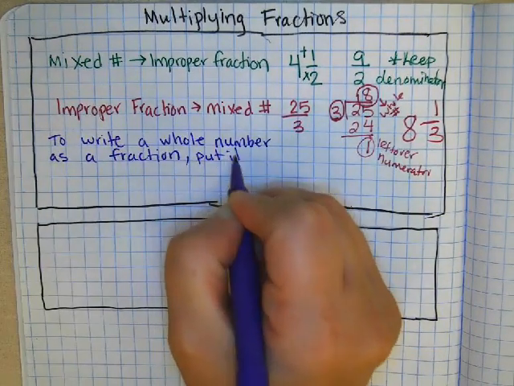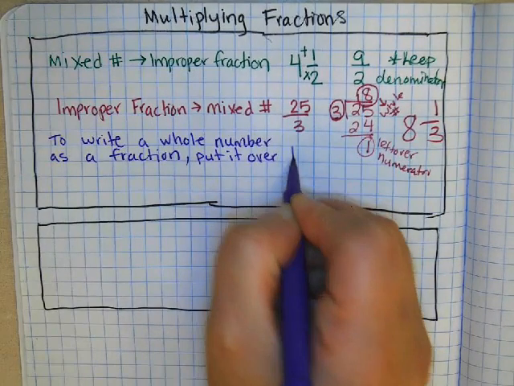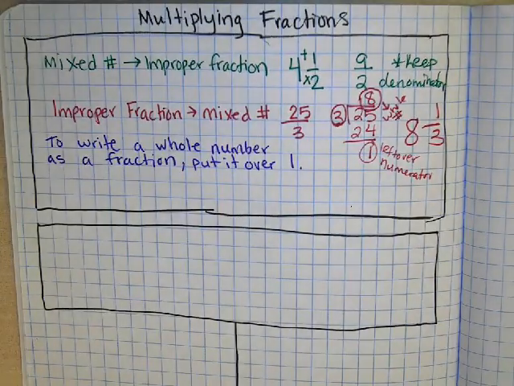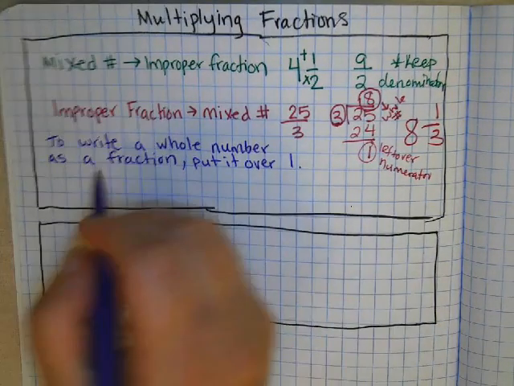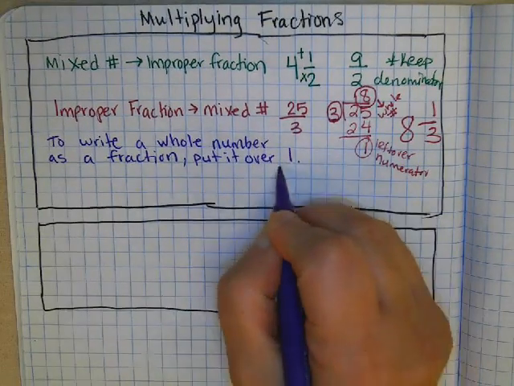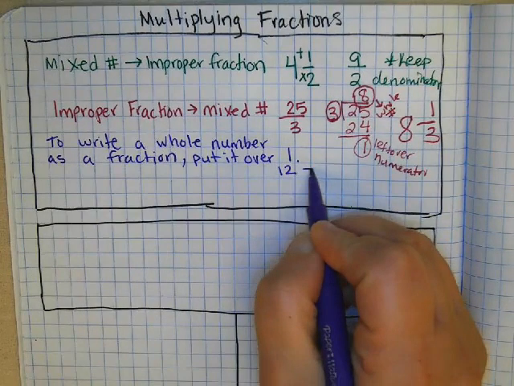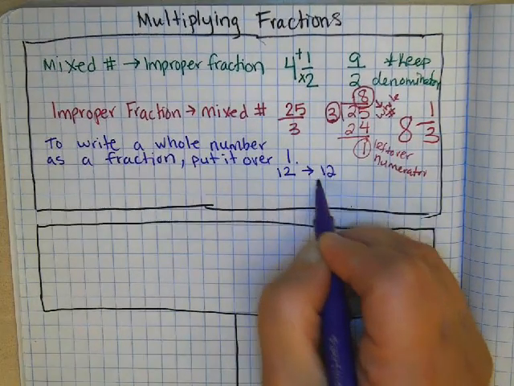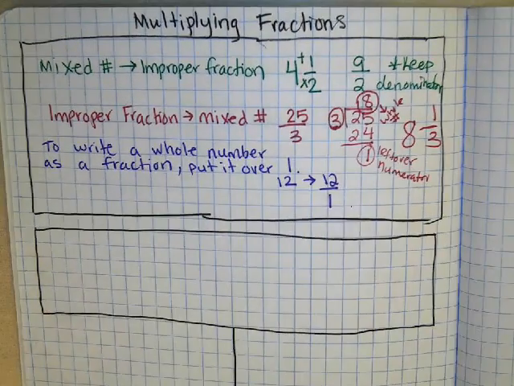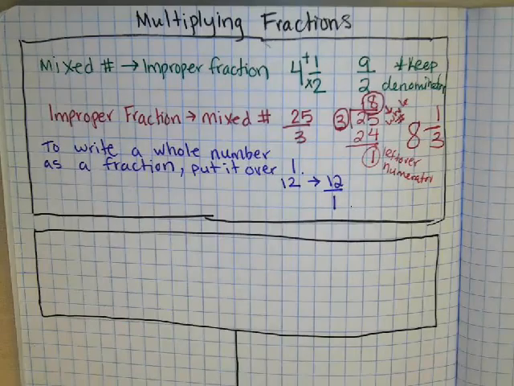Put it over 1. For example, 12. To write that as a fraction, we would just make it 12 over 1.